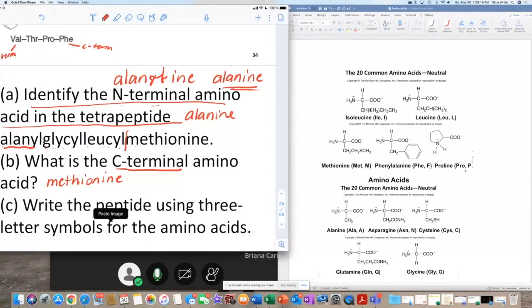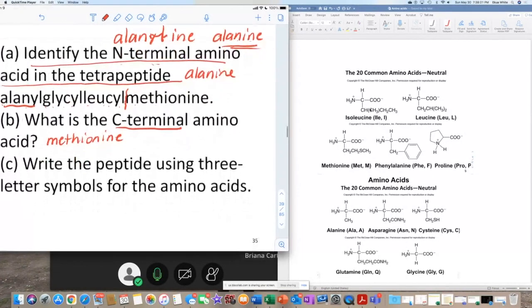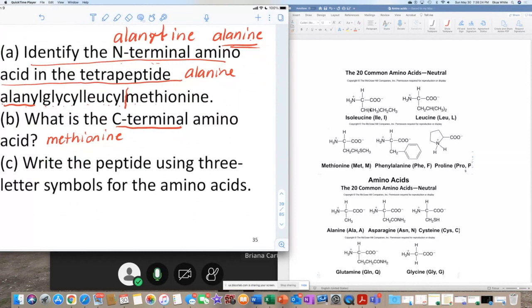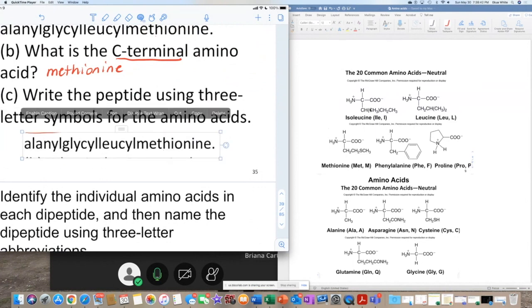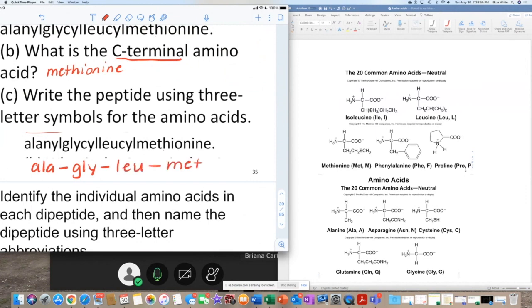Write the peptide using 3-letter symbols for the amino acid. Okay, so we're going to take this one right here. Let me see if I can erase it. And then write the 3-letter symbols. I won't even try to do this. Let me see how far I can get from memory. I'm trying not to add another page here. Okay, so ALA is for alanine, ALA dash glycine, GLY dash leucine, LEU dash methionine, MET.